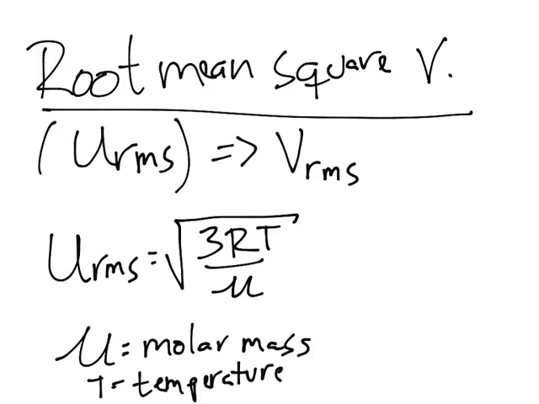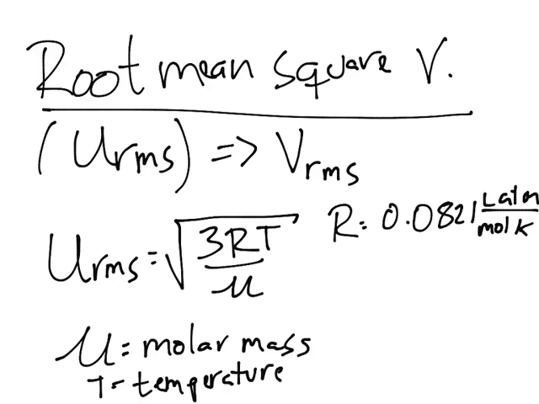And well, the R, we talked about the R. We said that the ideal gas constant, or the R, is 0.0821 liters atmospheres per mole Kelvin.